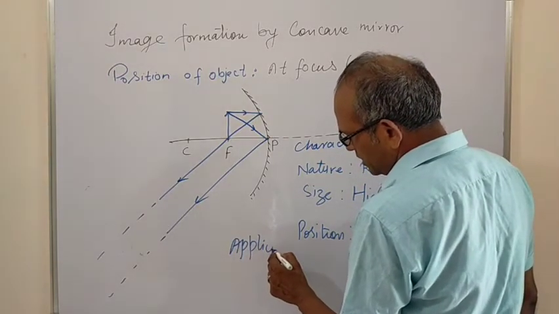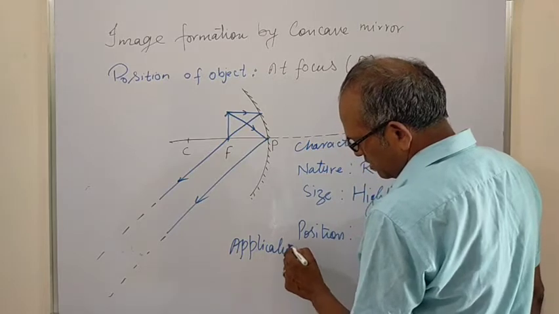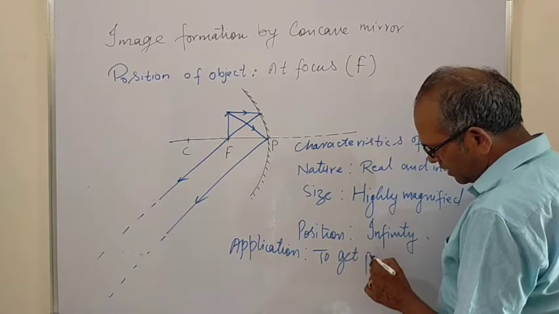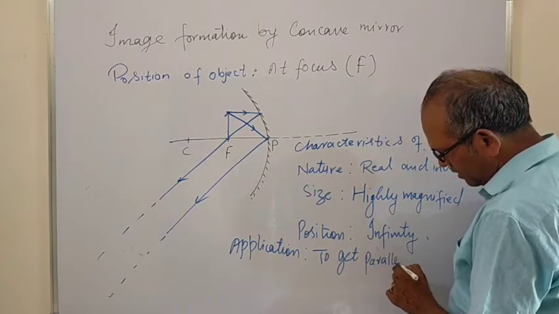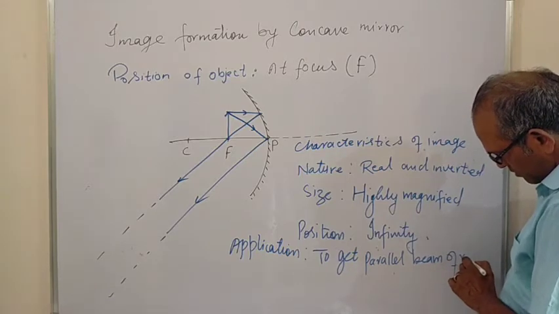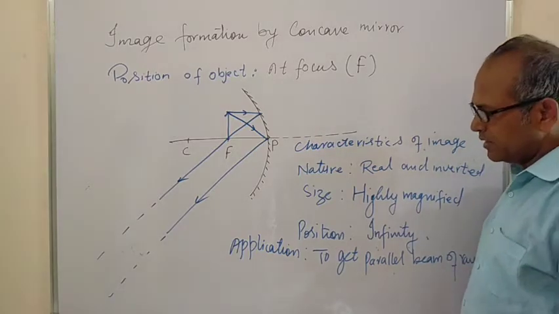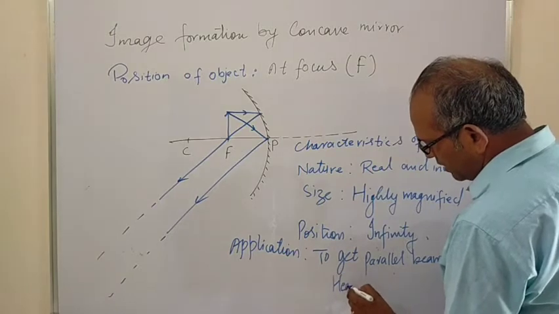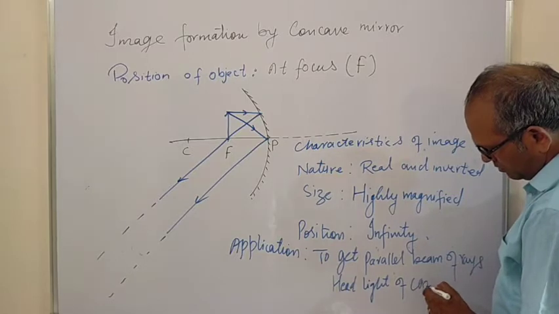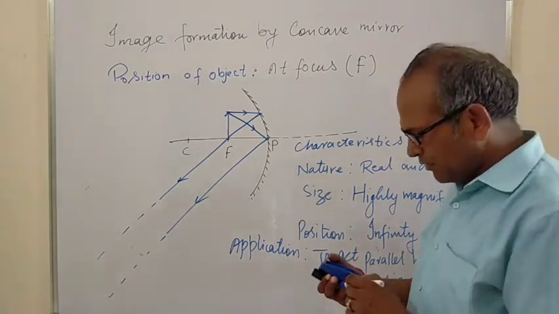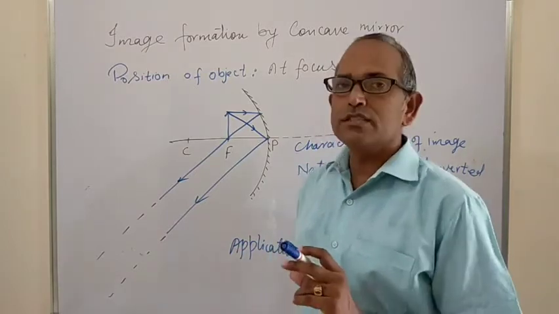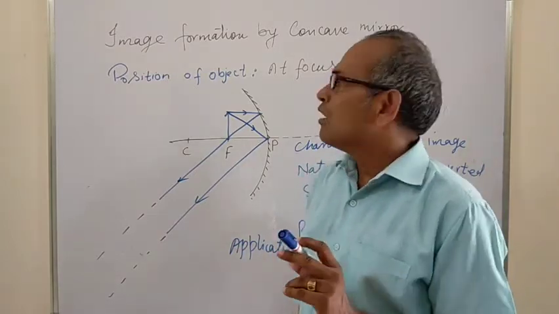Application of this is to get parallel beam of rays, like in headlight. Parallel beam of rays, headlight of vehicles. In headlight of cars and vehicles, the bulb is placed in such a position that it lies at the focus.